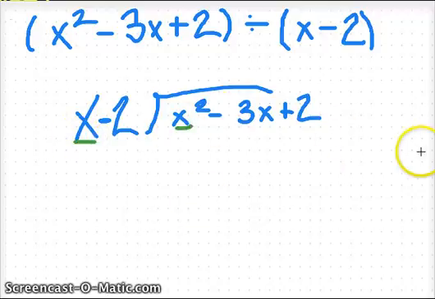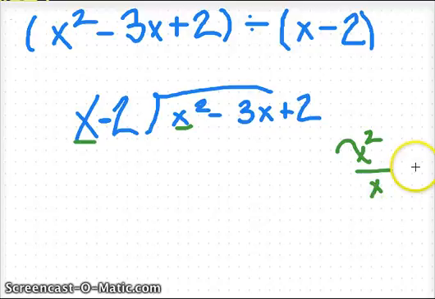So it's going to be 1, because x squared divided by x equals x. So it's going to be x up here, and then we're going to multiply it.